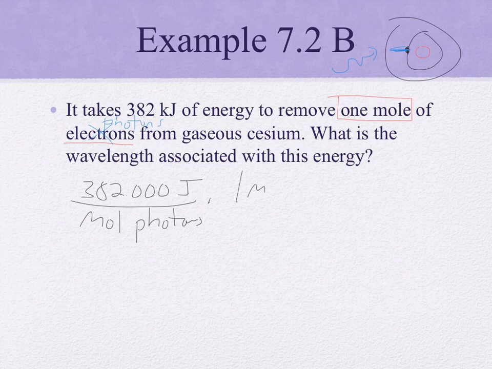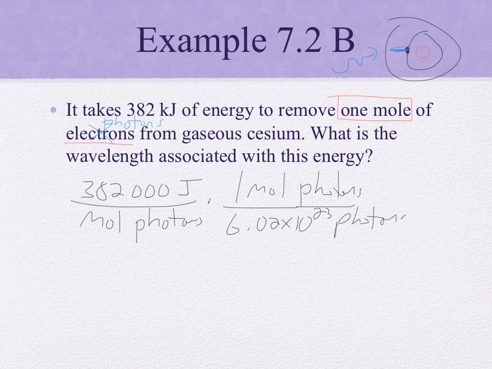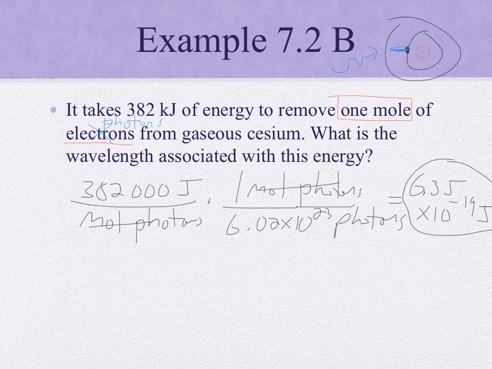And then every 1 mole is 6.02 times 10 to the 23rd photons. This allows me to cancel the moles out, and we divide to get back into our energy. And now we have 6.35 times 10 to the negative 19th joules.